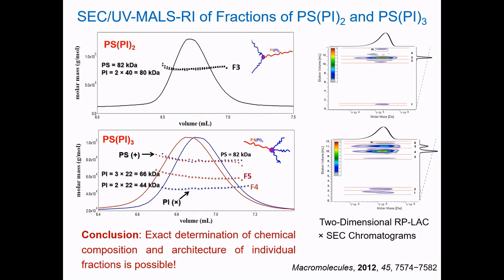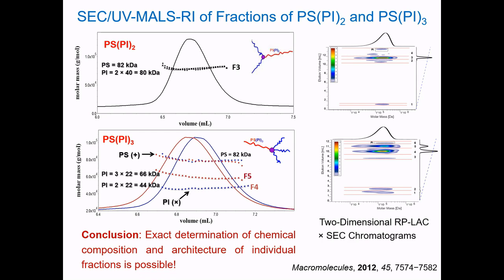For the 3-arm star, the calculated molecular weights of the polystyrene and polyisoprene components are comparable. By dividing these values by the molecular weights of the corresponding homopolymers which were used for this star synthesis, we were able to determine also the exact number of individual arms in this star and also the star architecture.